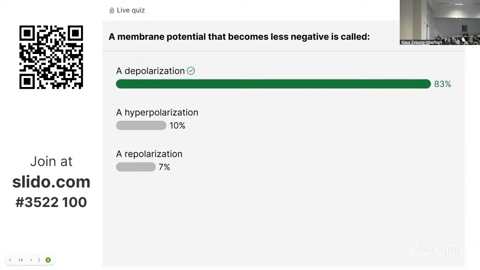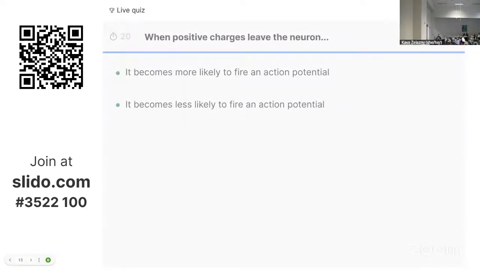That's depolarization. We have positive ions come in, and therefore we're wiping out some of that negative charge. That's our depolarization. Just like sodium coming in, the action potential is the depolarization phase of the action potential. Same type of word when we're thinking graded potentials.